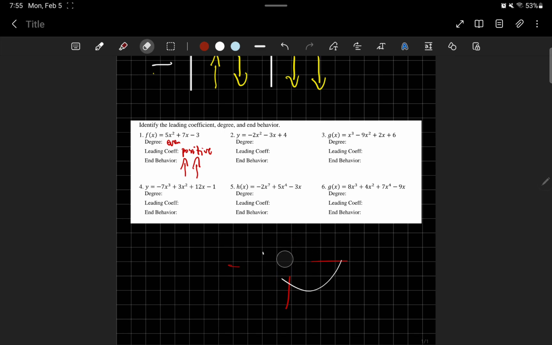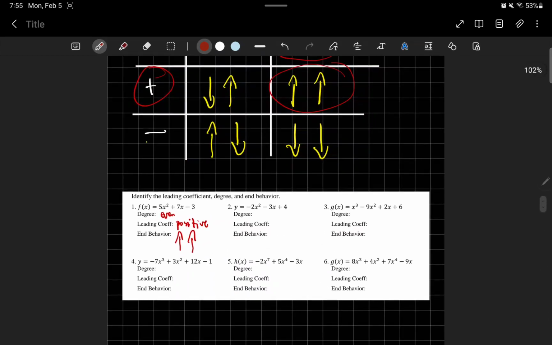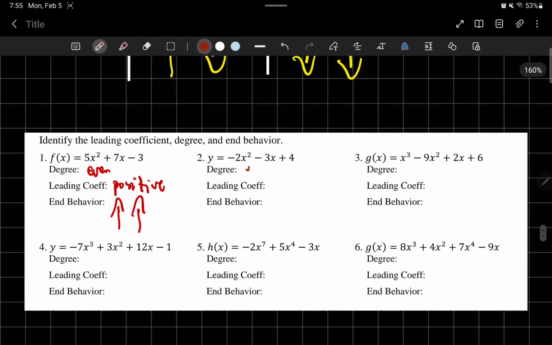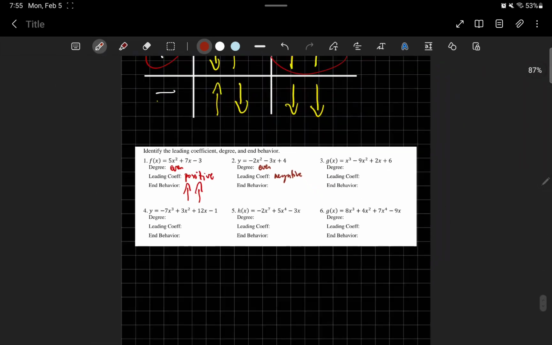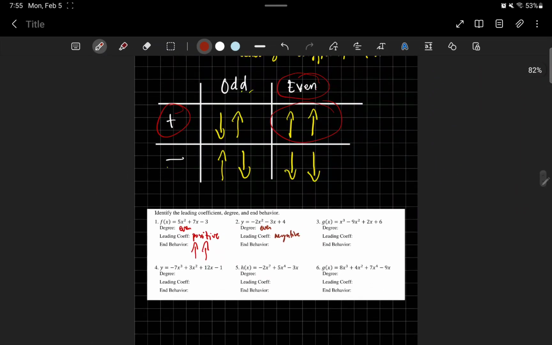Okay, number 2. y is equal to negative 2x squared minus 3x plus 4. So, what is the degree? Alright, that is even. How about the leading coefficient? Okay, negative. Therefore, the end behavior of the graph, kung even siya, even, then negative, so parehong falling.